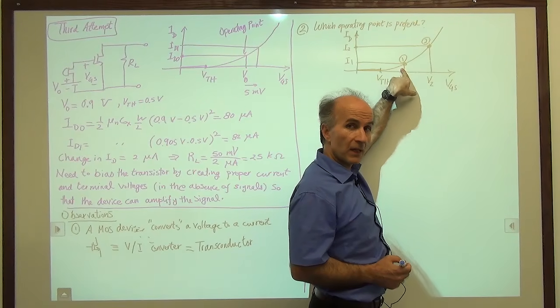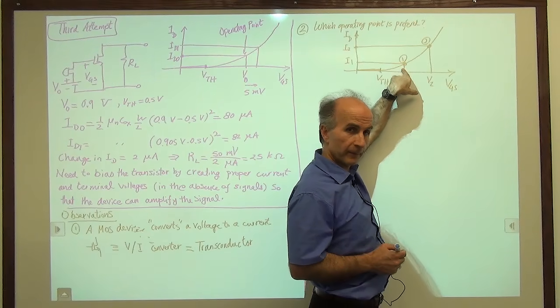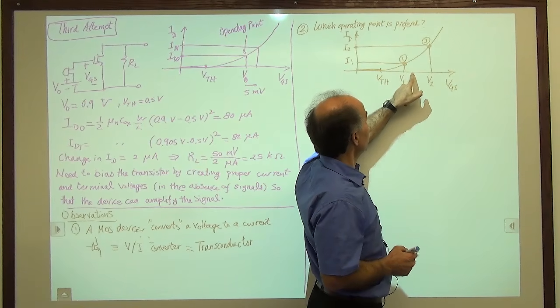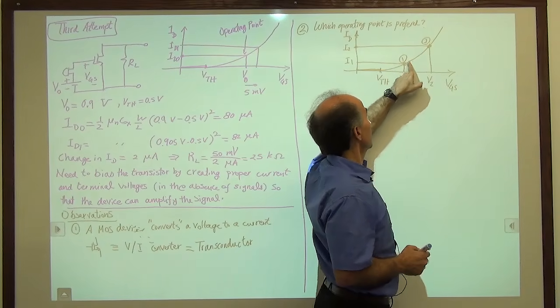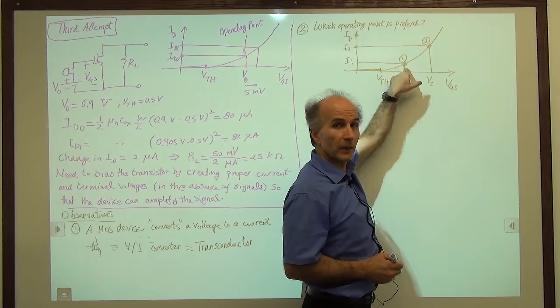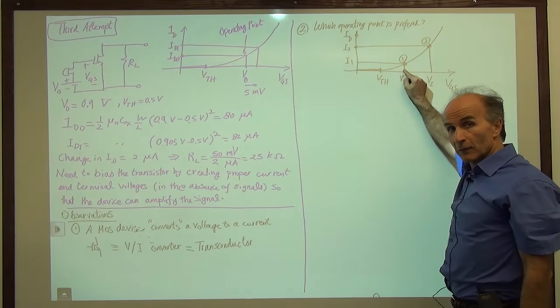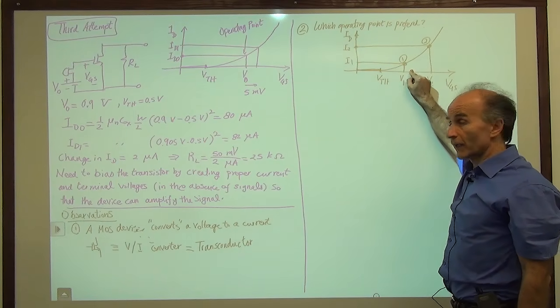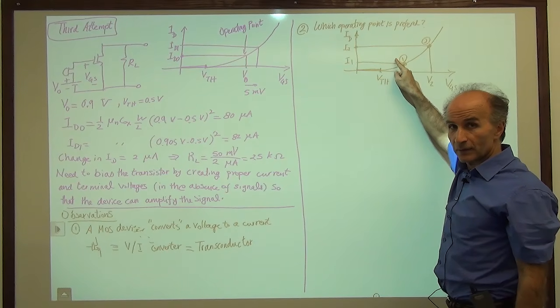So for a given input signal swing from a microphone, for example, let's say 5 millivolts of swing here, we get a larger current change around this point than around this point. Because if that 5 millivolts is considered small, 5 millivolts of change here is multiplied by this derivative to give us this current change.